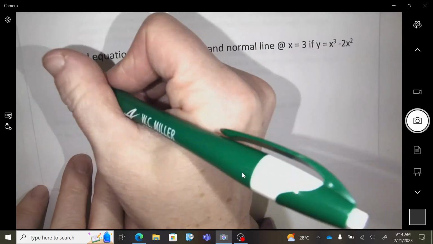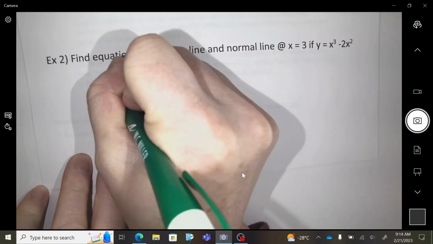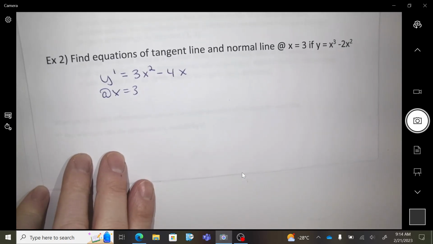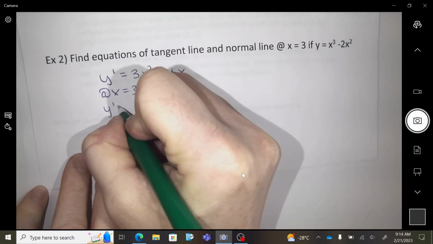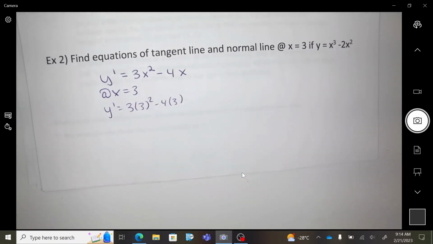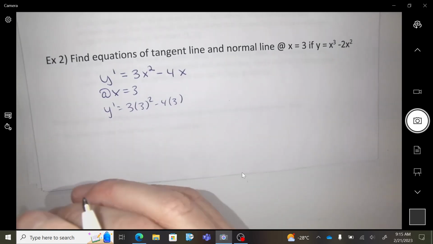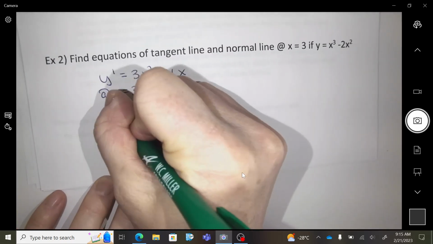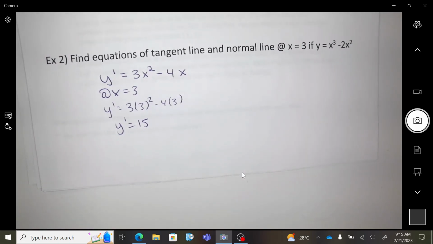Now, what is the slope specifically at x equals 3? What is the slope going to be? So 15 is the slope.